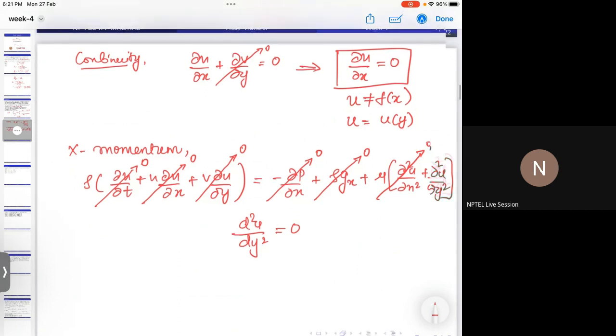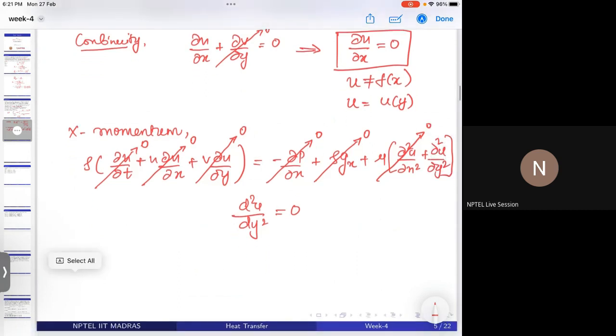Okay, so can you please integrate this and say what the velocity profile is? It will be a straight line with intercept. Yeah, so u will be c1 y plus c2.